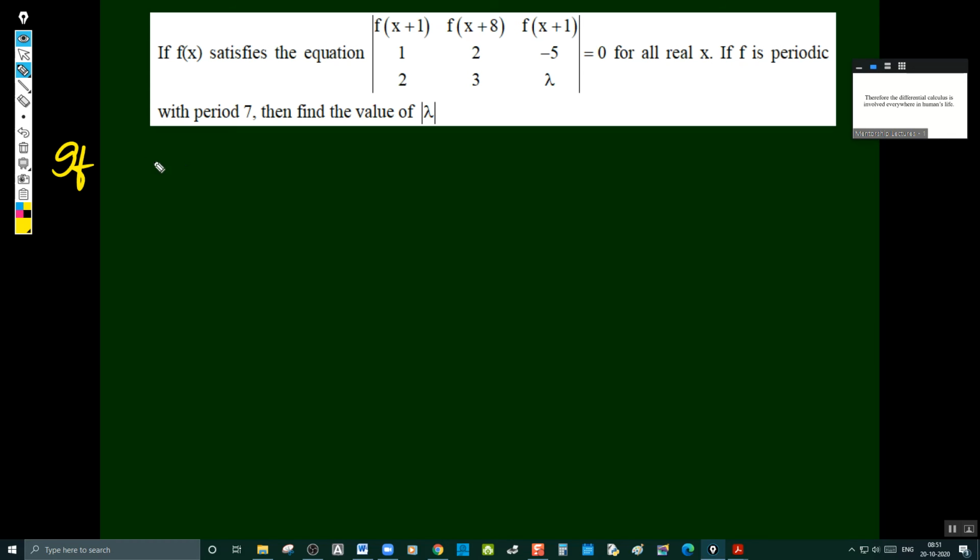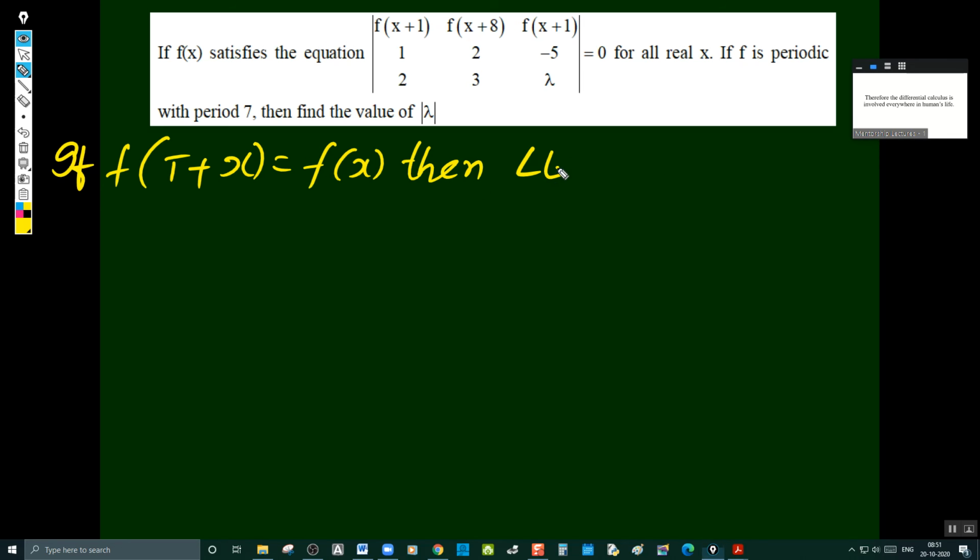If f of t plus x is equal to f of x, then the least positive t is called the fundamental period.